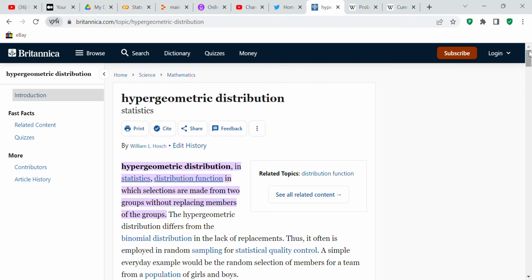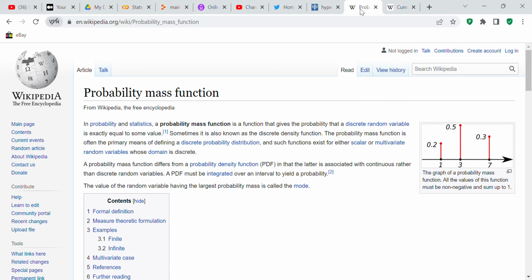Now, in statistics, we have something called PMF and CDF. So we're going to talk about PMF, which is probability mass function. In probability and statistics, a probability mass function is a function that gives the probability that a discrete random variable is equal to some value.